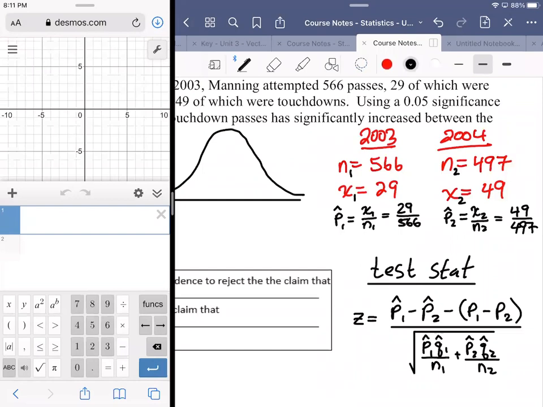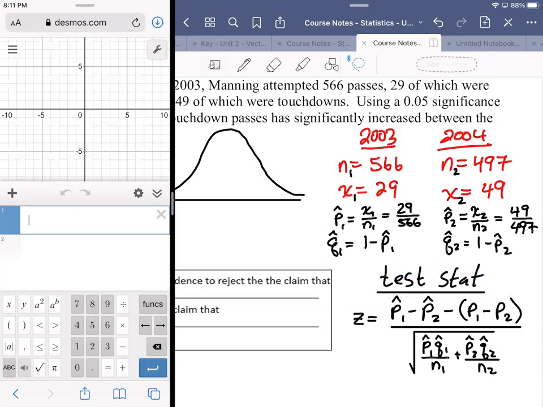Q hat is 1 minus p hat. So q hat 1 is 1 minus p hat 1. Q hat 2 is 1 minus p hat 2. So if you know p hat, you actually know q hat. It's just a matter of subtracting that p value from 1.